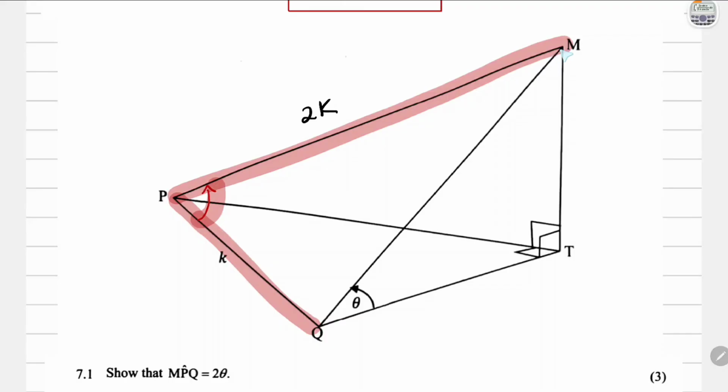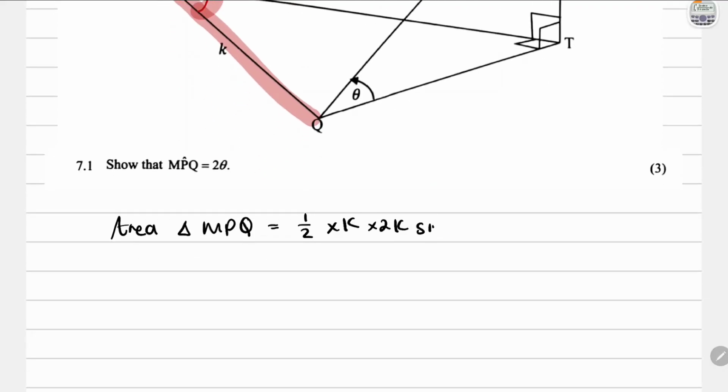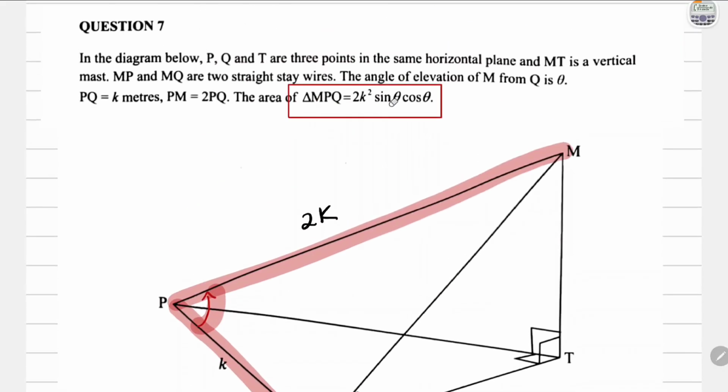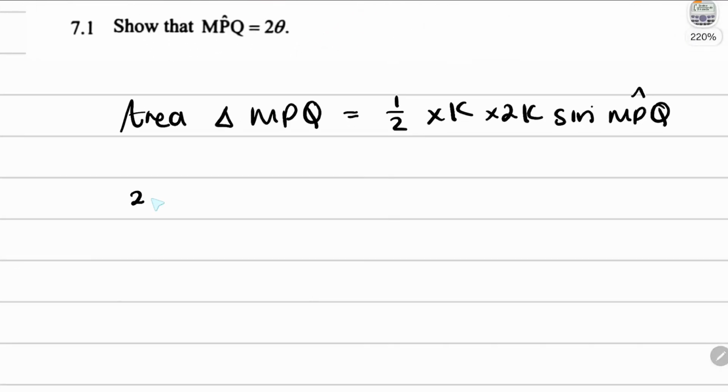So sine of angle MPQ, because we don't really have it right now. This is the area formula for a triangle if you don't have a perpendicular height. But the good thing is that we have the area already. They told us the area is this, so I'm going to put that down: 2k squared sine theta cos theta.